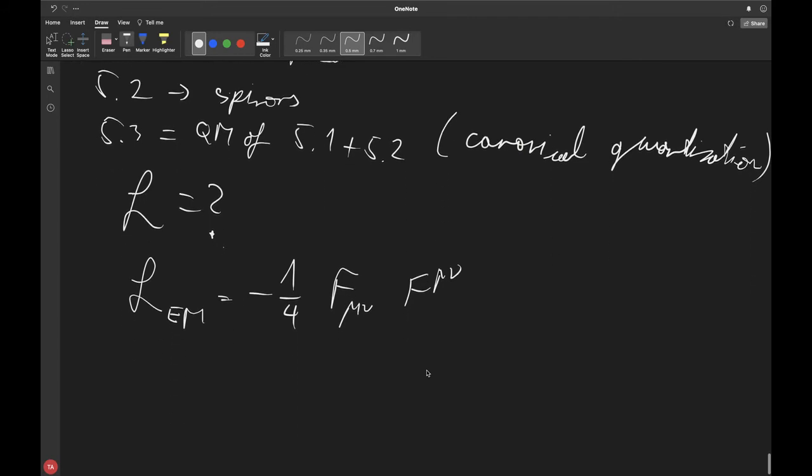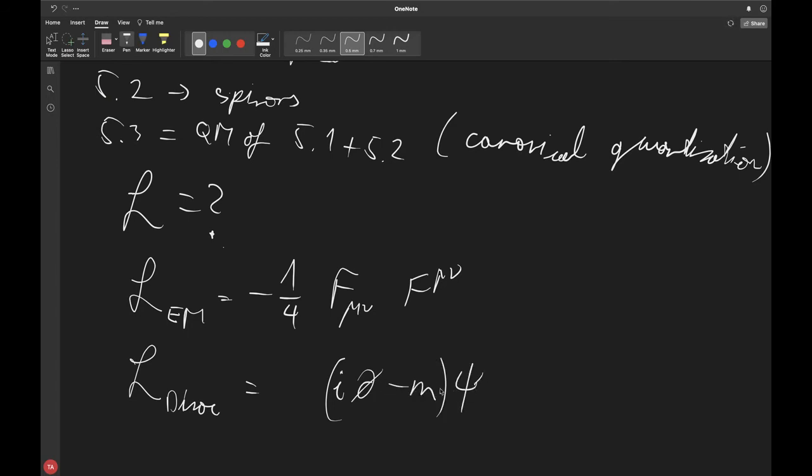So we need to figure out what the Lagrangian for the Dirac field is. We follow a similar strategy, that the Lagrangian has to be a scalar. And so we had this Dirac equation, (i ∂-slash minus m) acting on the psi.